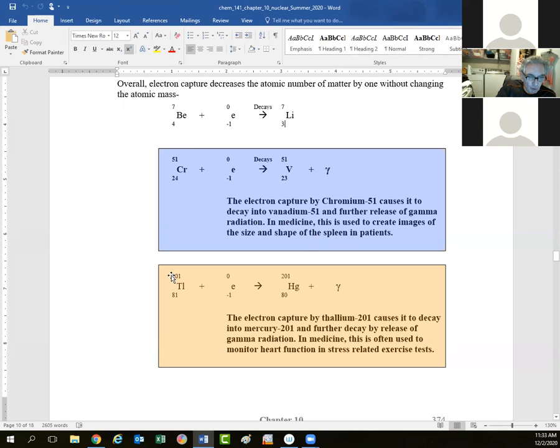Likewise, thallium-201, bombarded with electrons to produce mercury-201, as the atomic number drops by 1. That's an unstable form of mercury, one that releases gamma radiation, and that's been used in the past to monitor a patient's heart function.